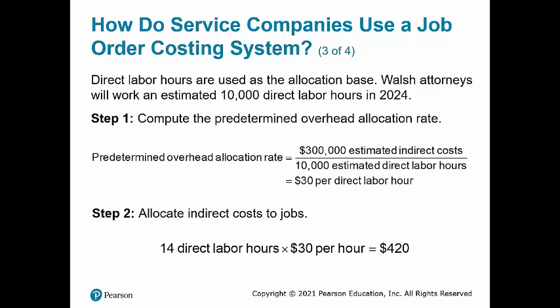The next step would be to allocate that to the job. So if a job had 14 direct labor hours, we would multiply 14 by 30, and that would allocate $420 of overhead to that job.